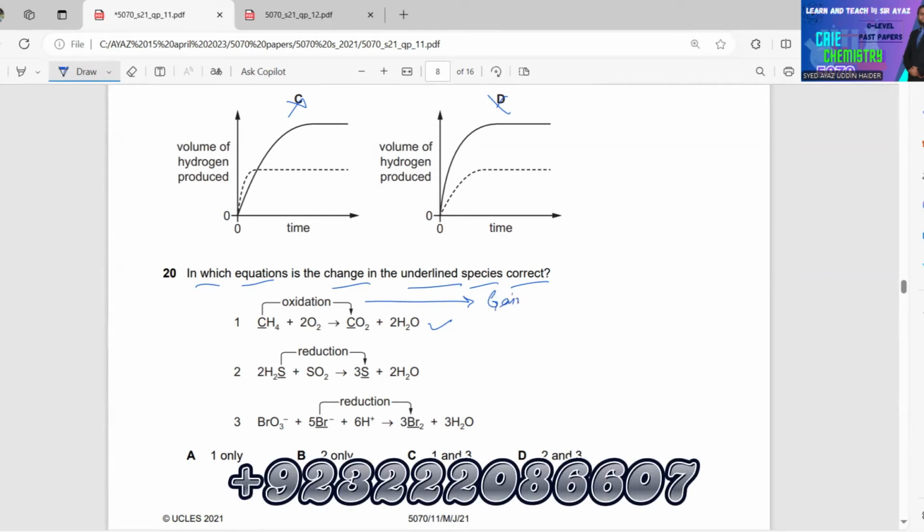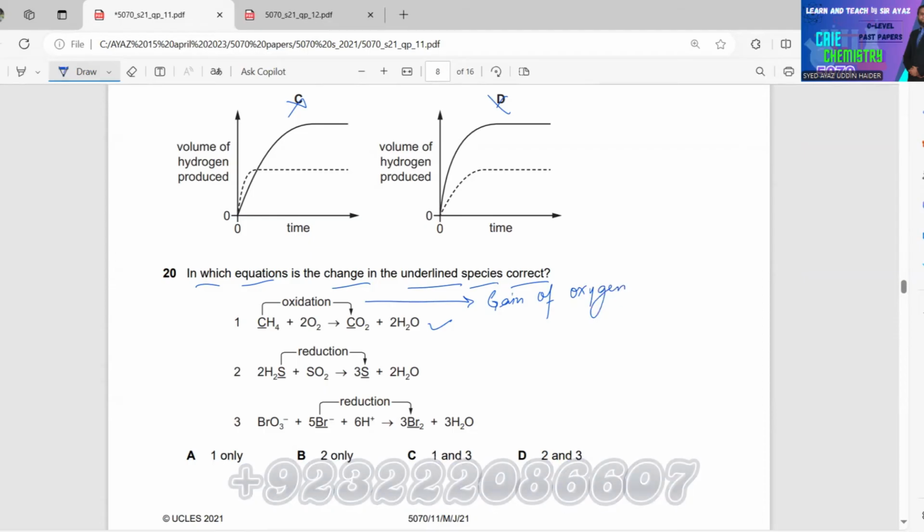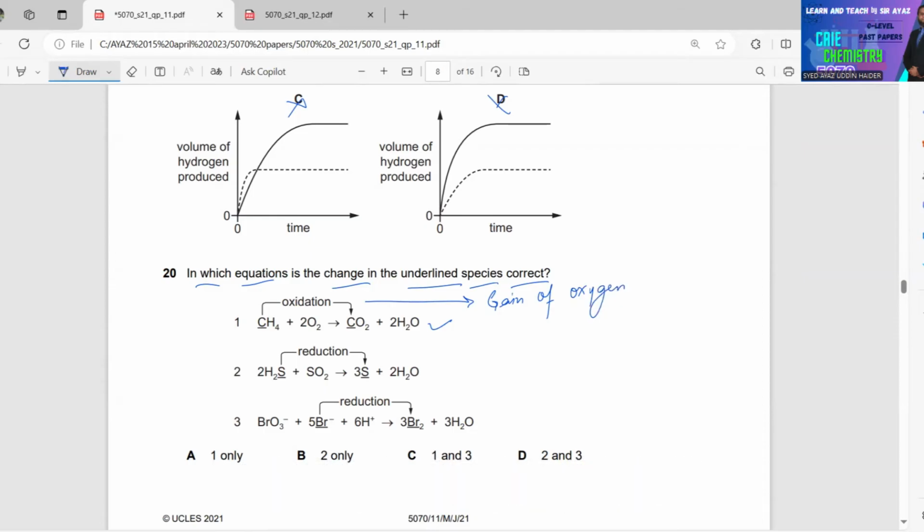Gain of oxygen, which means this is correct. You can easily eliminate the wrong choices. So B and D are incorrect. Either A is correct or C is correct.